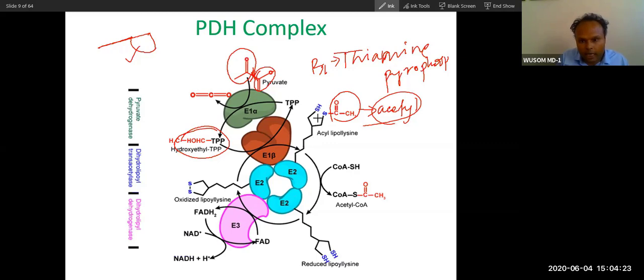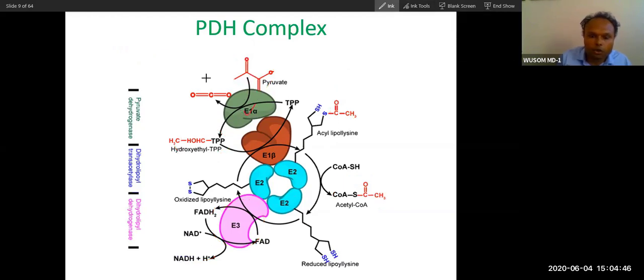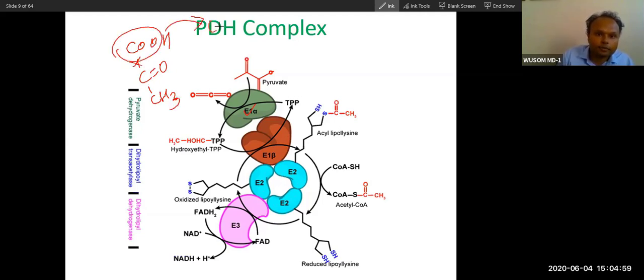After the acetyl is transferred, what will happen? From this acetyl group, a proton will be extracted by E3, and ultimately conversion to NADH will happen. And from E2, this acetyl group will be transferred to coenzyme A. So the function of E1 is to chop this bond, removal of carbon dioxide.